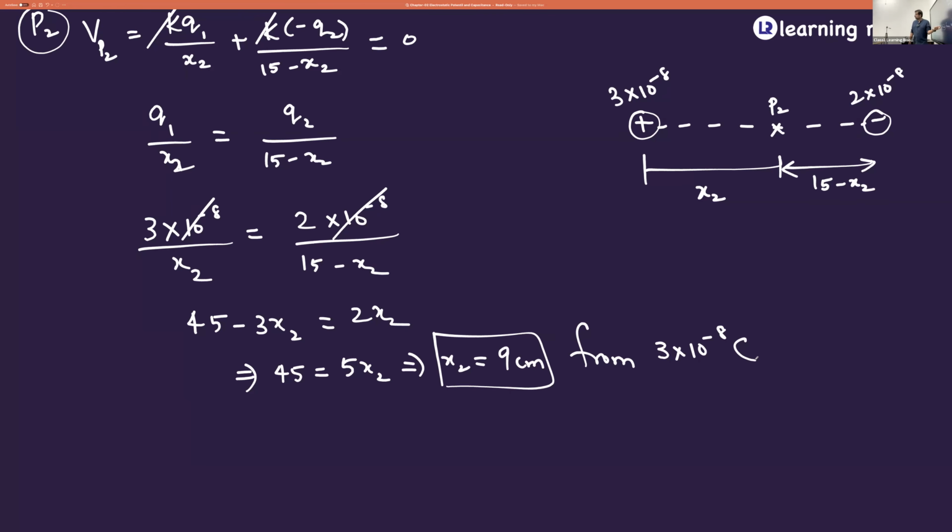Because some will write 9 and some can write 6. Why 6? 15 minus 9. That 6 centimeter would have been from 2 into 10 power minus 8, whereas 9 centimeter is from 3 into 10 power minus 8. So it is always very important to write this. Clear with this? Right.